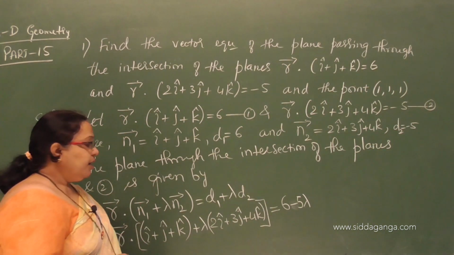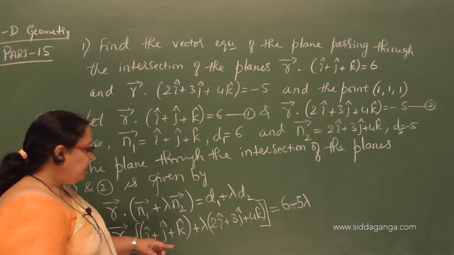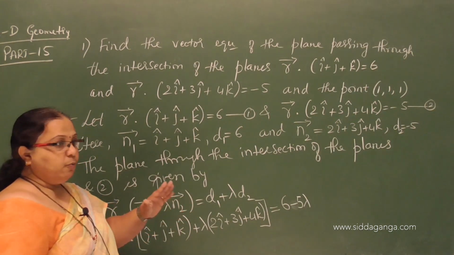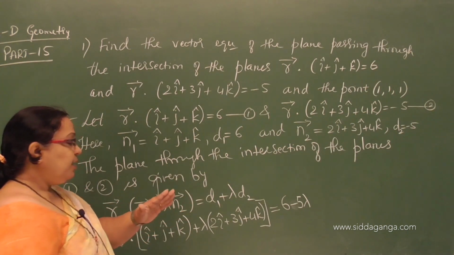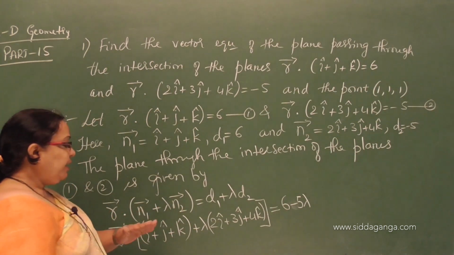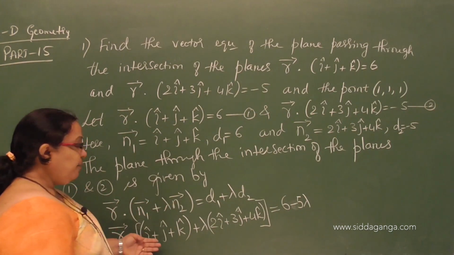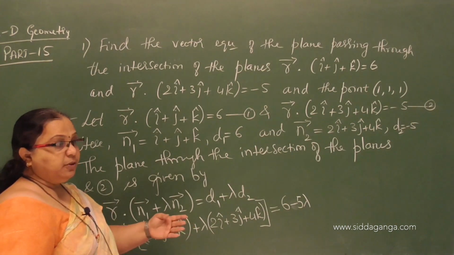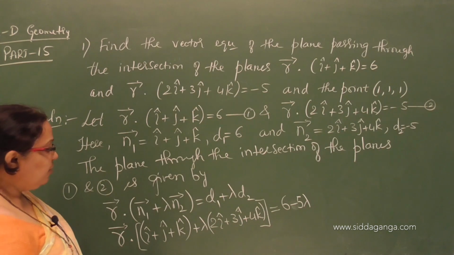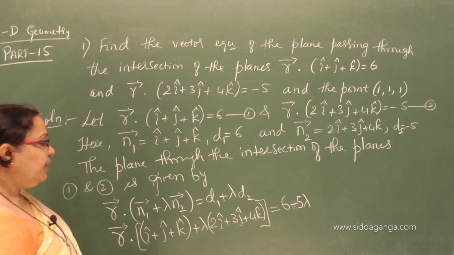Now to find the value of lambda, it is given that this plane passes through the point 1, 1, 1. If you write this in the Cartesian form and take the point 1, 1, 1, we can easily find the value of lambda.